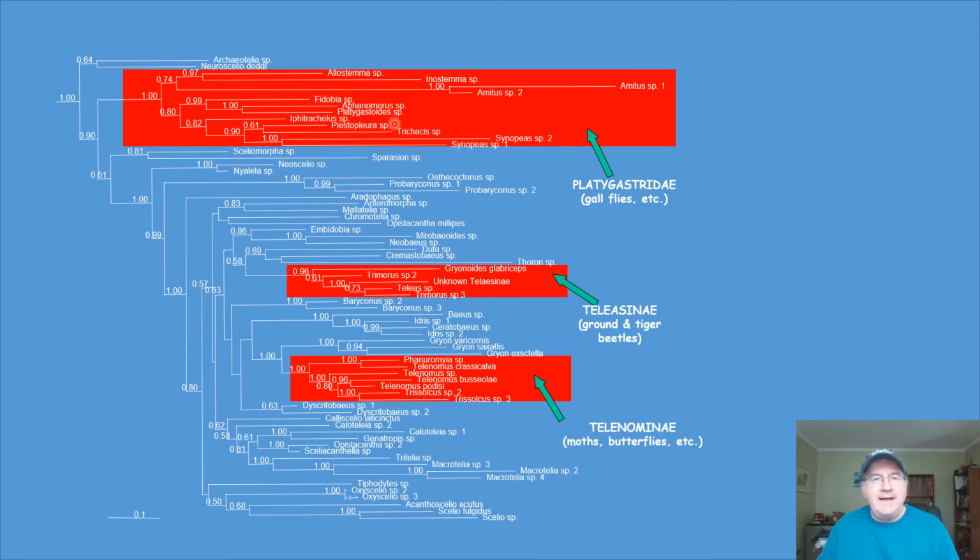What does this tell you? This tells us that if we recognize the platygastrids as a taxon because it is a monophyletic group, that renders the rest of these species, or to put it more precisely, that renders the classical family Celeonidae as a paraphyletic group, because here's where the common ancestor would be.